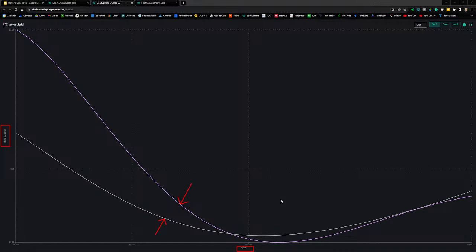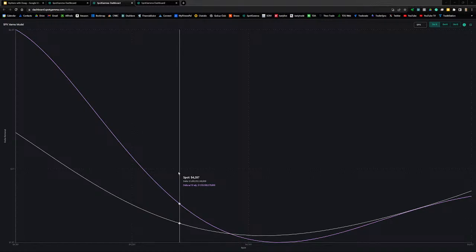All right, let's take a look at some prices now. So this is for SPX, and the low of the day for SPX was right around 42.88. Let me find that. So there's 42.87, so that's pretty close.